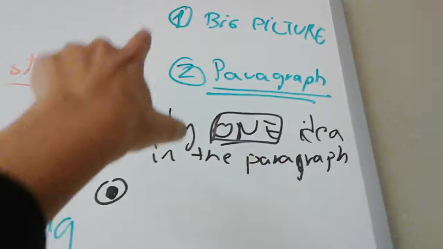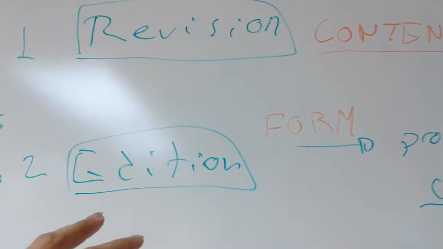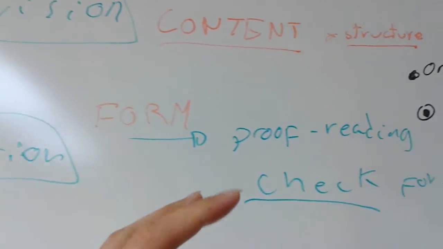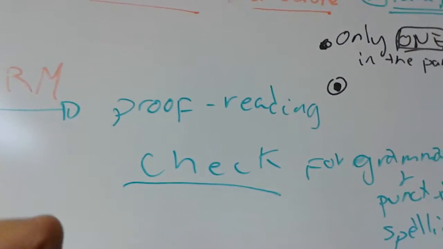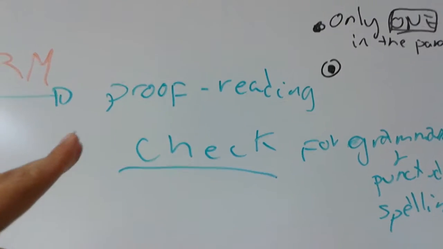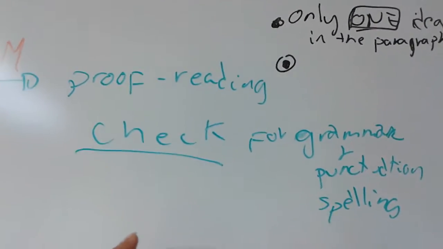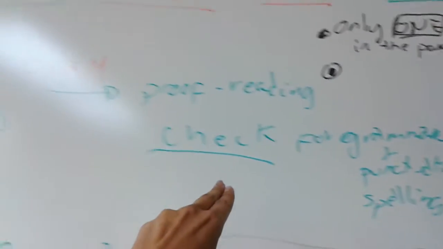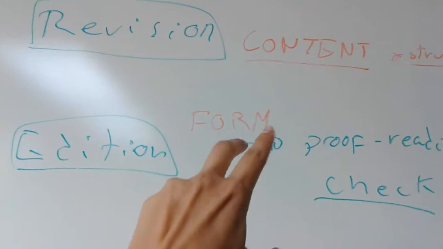With that, you can have the big picture, and then you see paragraph by paragraph, content-wise. And then we have the editing, the second step. We focus on the form, the conventions, kind of a proofreading, editing part. So you check for grammar, punctuation, and spelling. We talk about the form.